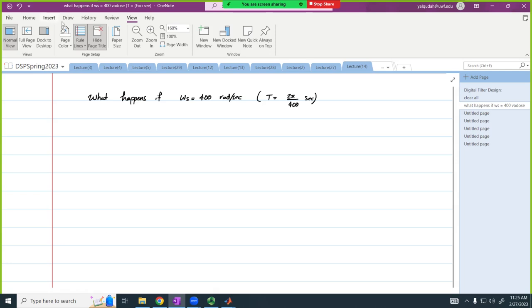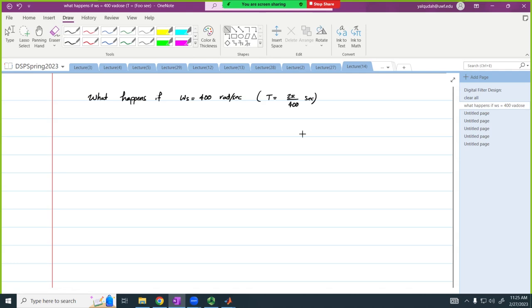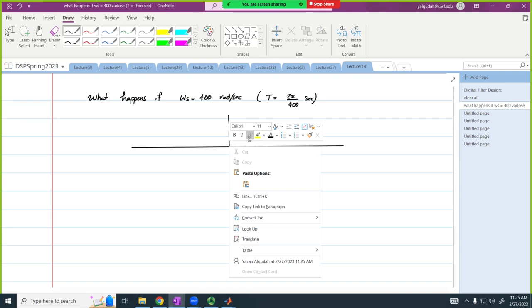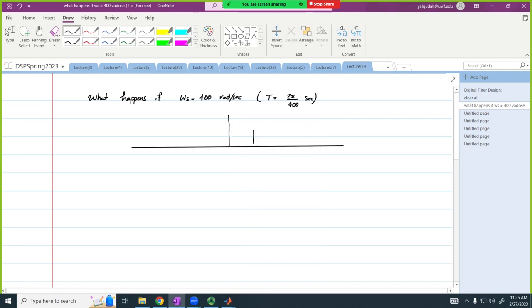So if I come back here and draw the original spectrum, it was 100, 200, and 300. And this was omega. And this is the spectrum X of j omega.